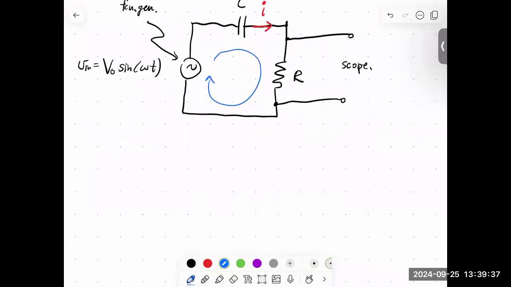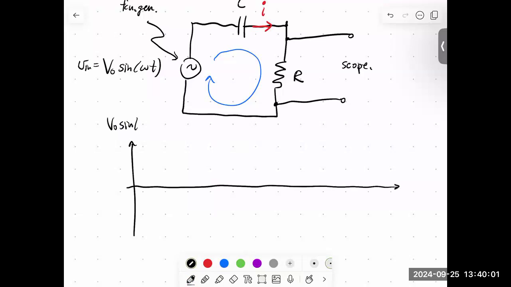Before we do that, I just want to make sure that we're all comfortable with interpreting sinusoidal functions from the plot. So what is the meaning of this V naught and this omega in our function generator output? So this is going to be V naught sine omega t. And so our sine wave looks something like this.